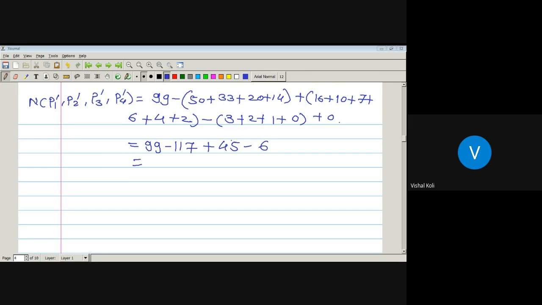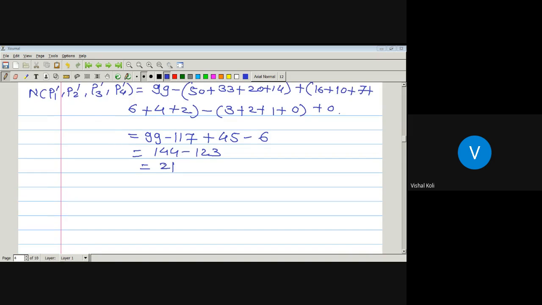That is 99 plus 45, 144, minus 117 plus 6, 123, which is 144 minus 123, 21, which is equal to 21.